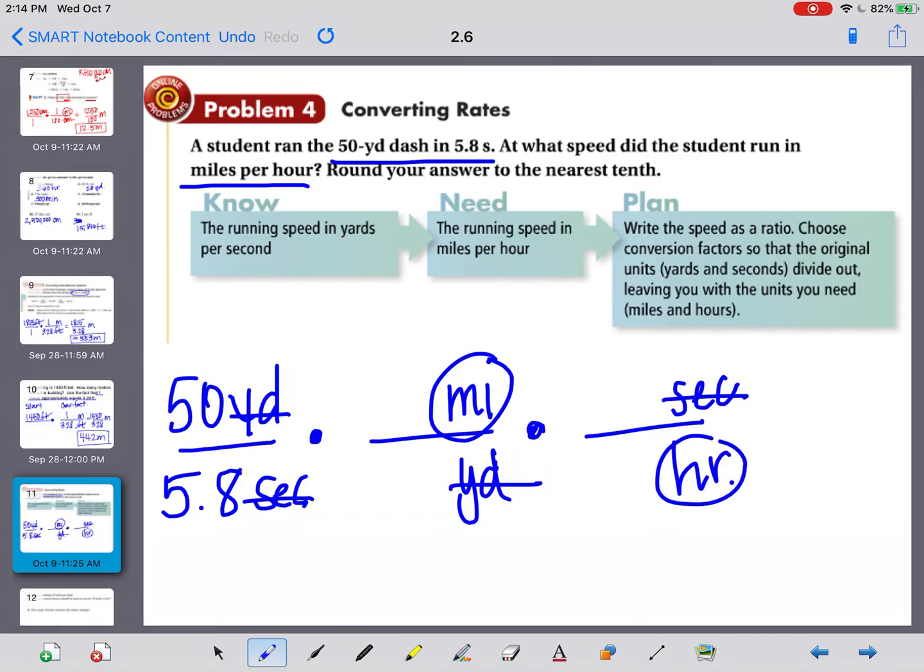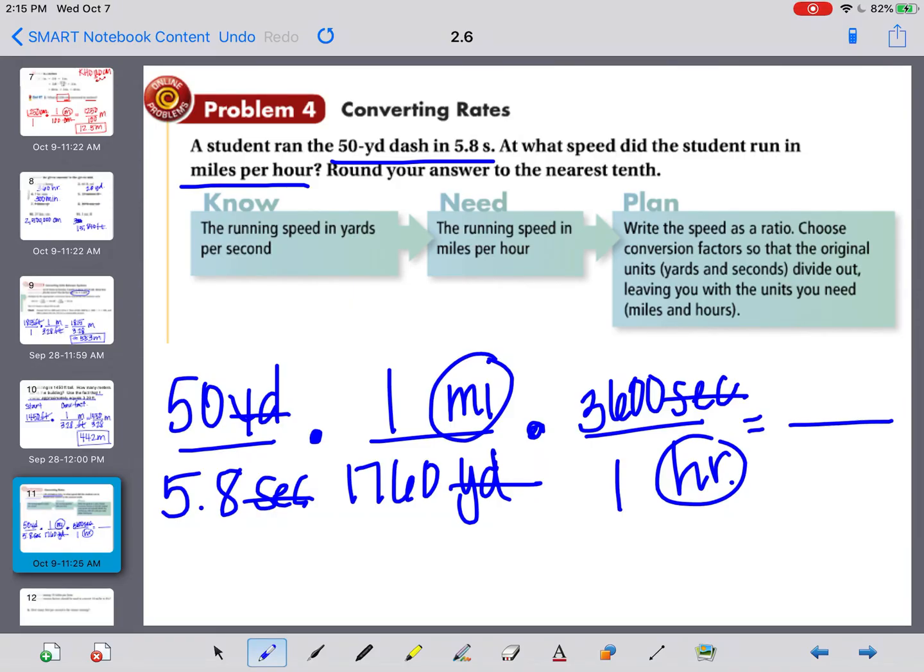So now all I'm left with is what I wanted, miles per hour. Now I need to go in and fill in those conversion factors. If you look at your conversion sheet, there are 1,760 yards in 1 mile, and there are 3,600 seconds in 1 hour.